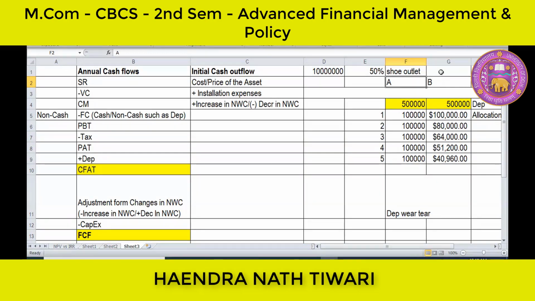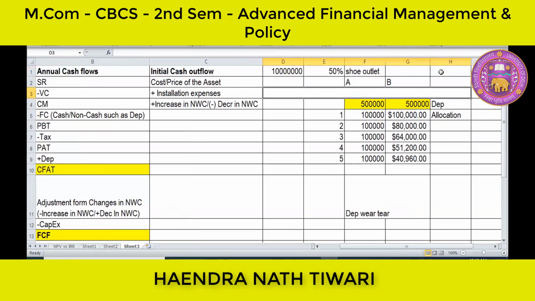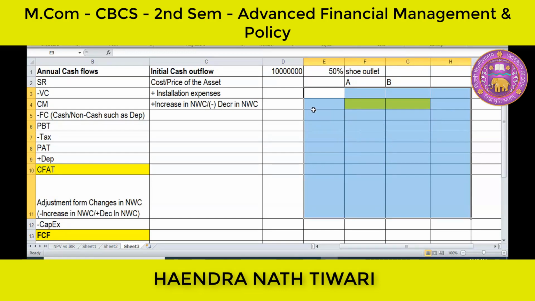While other information given to you are the following. And this portion I'm deleting. So the other information related to shoe outlet is following.